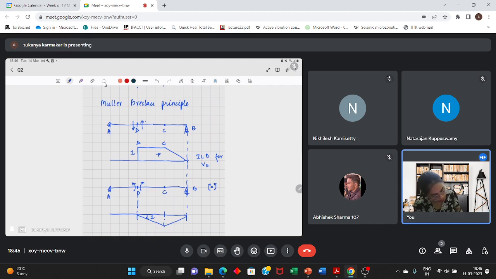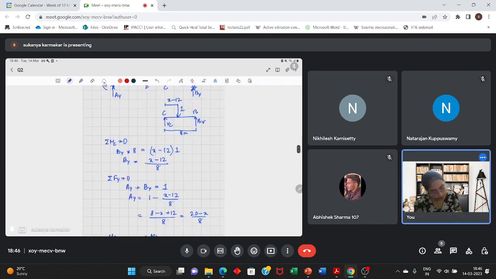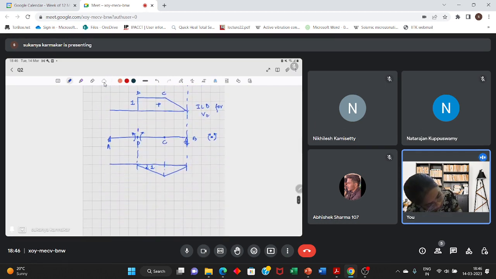Since this theta is 1, and this length is 4 meters, this height will also be 4 meters. So this is the influence line diagram for moment at D.